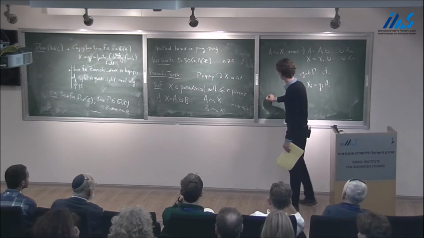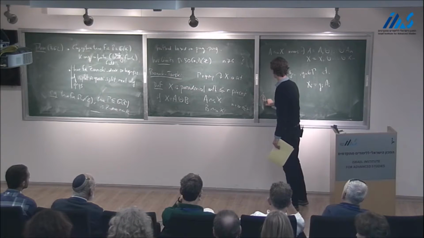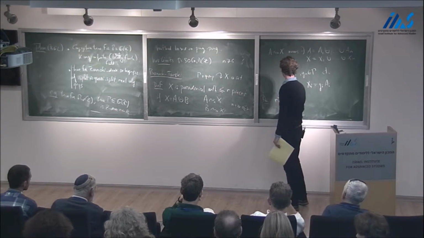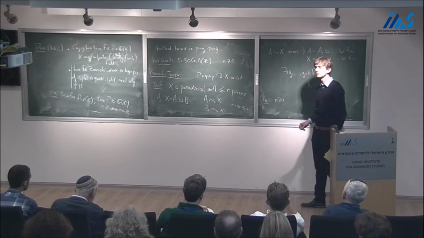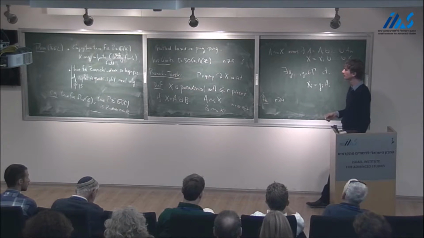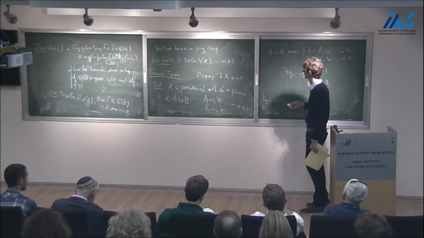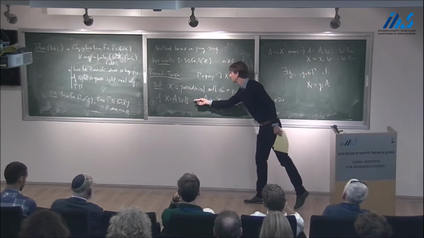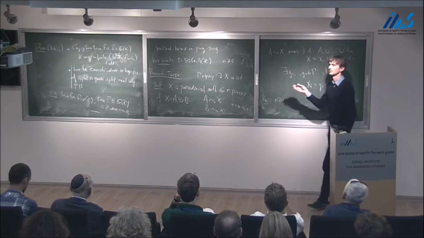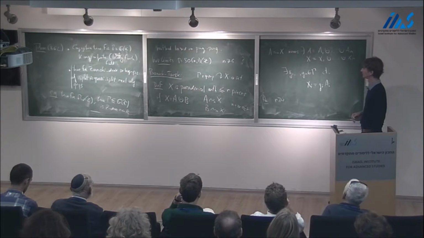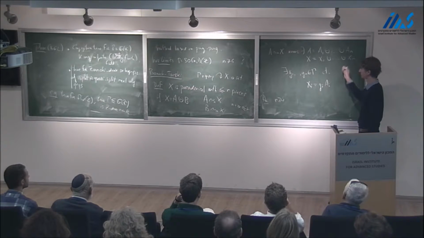A small remark: R must be at least 4. You must have at least 4 pieces, because if you have 3 pieces, then it means that one of them is all of X. You cannot have 3 pieces, it means that one of the partition is the entire thing.